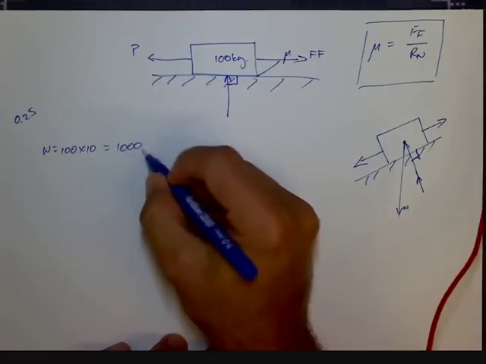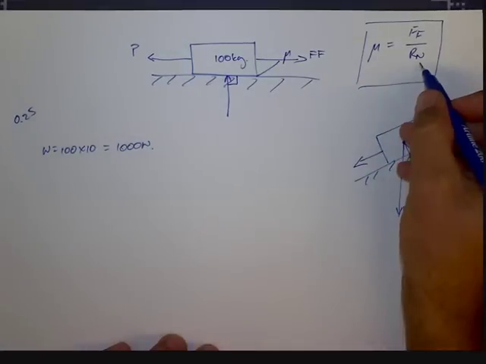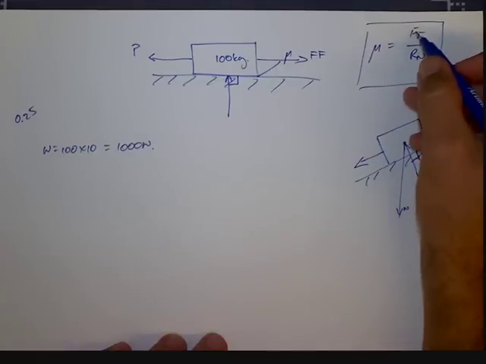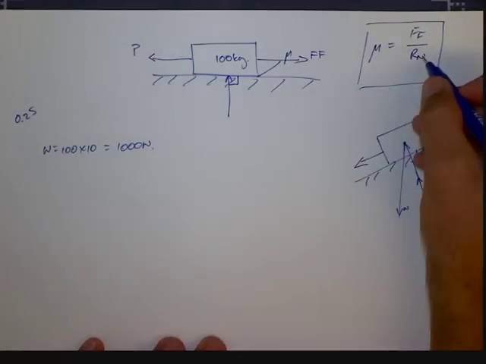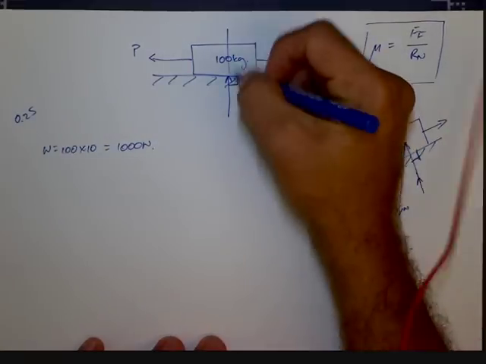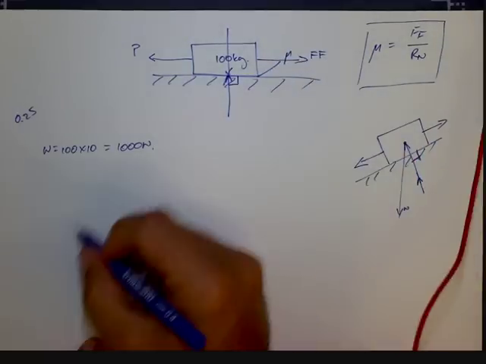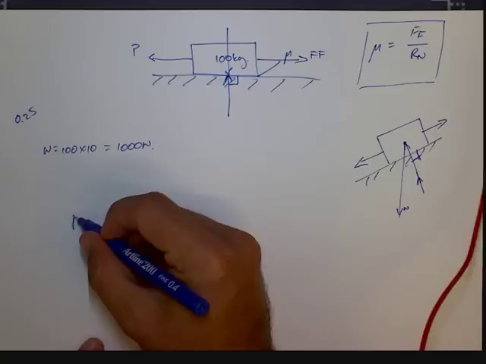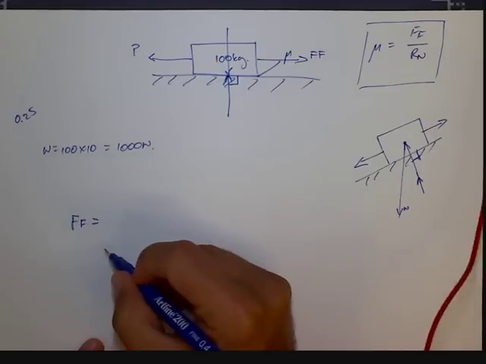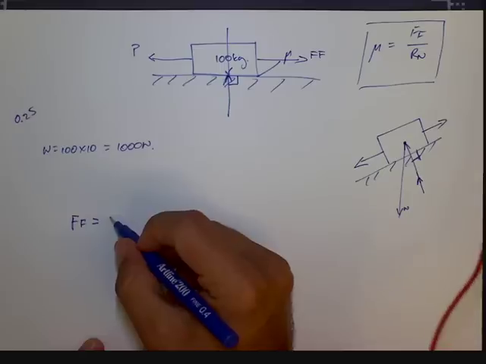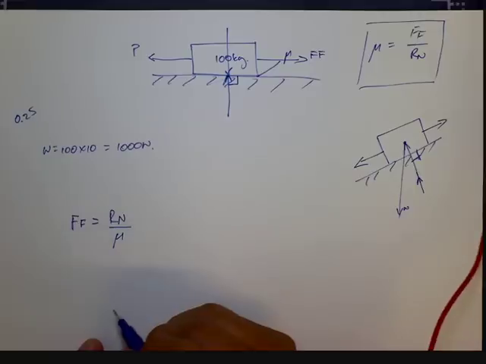1,000 newtons. Then we know that to overcome the frictional force we will need to use this formula over here. So the coefficient of friction says that the weight, the normal reaction in this case, is equal to the weight. So we know that the frictional force we need to overcome is equal to our reaction force divided by a coefficient of friction.